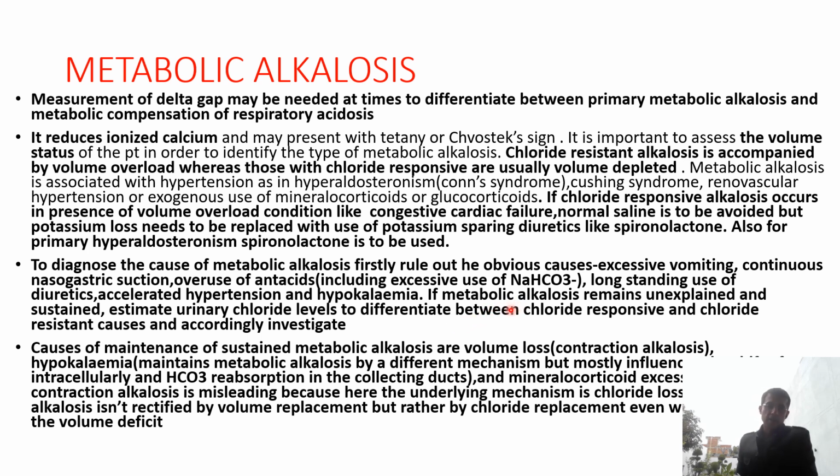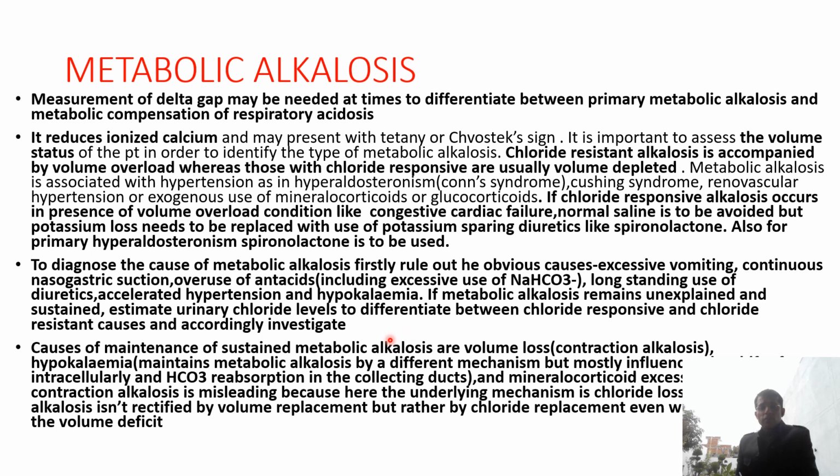If you don't correct hypokalemia over a long period of time, it will cause metabolic alkalosis, and the mechanism is a bit different. So long-standing use of diuretics, aspirations, and hypokalemia.